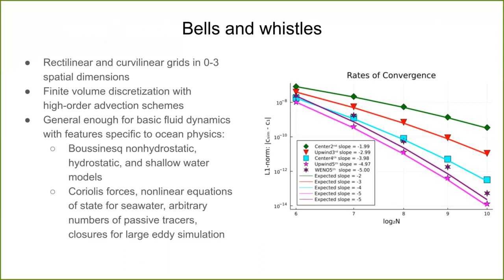You can have as many passive tracers as you like, and there's a variety of closure schemes for large eddy simulation. In this figure, you'll see a plot of the convergence rates obtained in Oceananigans to validate what's predicted from theory. You will see the agreement is very close, and the orders of accuracy for these go as high as fifth order.